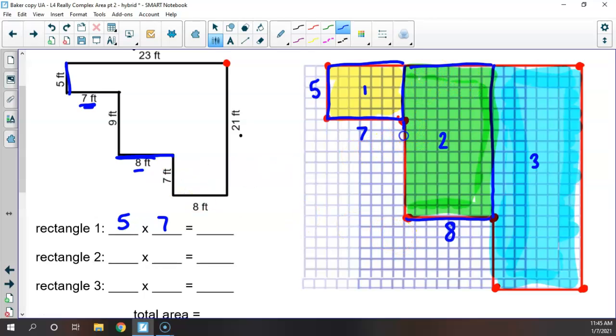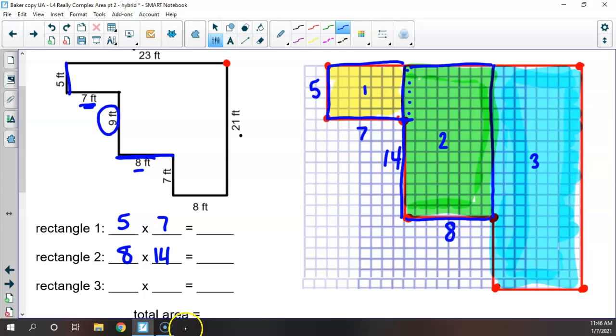I do know that this part of it is 9 because that's recorded for me right here. So I know that's 9. And then I can count up from here. So 10, 11, 12, 13, 14. So this rectangle is an 8 by 14 rectangle. So I'm going to record that here, 8 times 14.